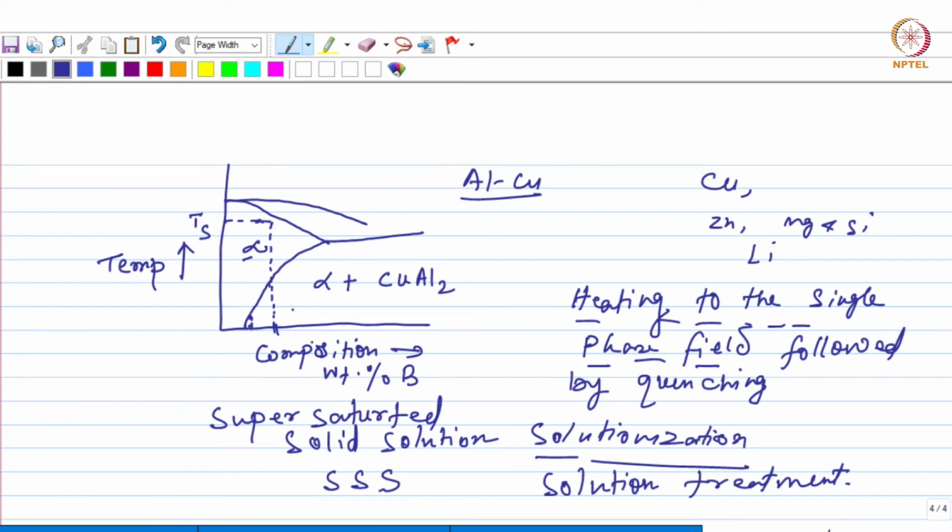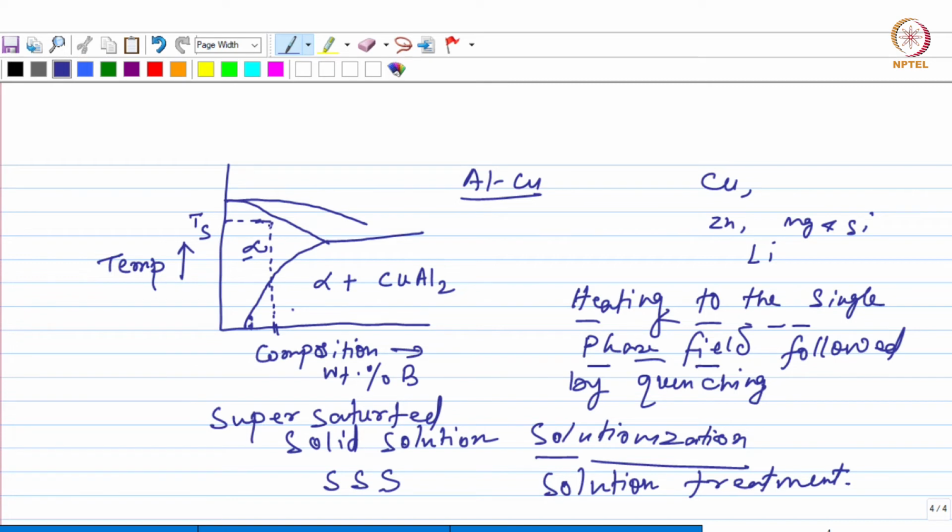Because the solubility of the alloying element is much lower at room temperature compared to this solutionizing temperature, right? Because we have already discussed that the solubility increases with temperature, right? So the solubility of the alloying element at the temperature Ts is much higher compared to that at room temperature, right?